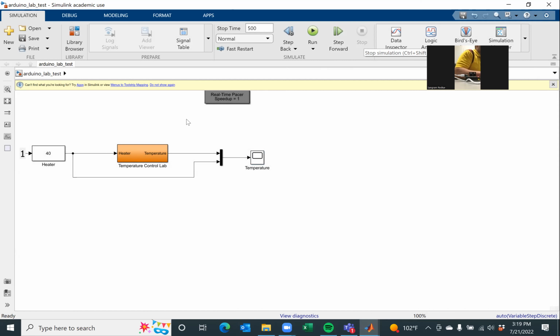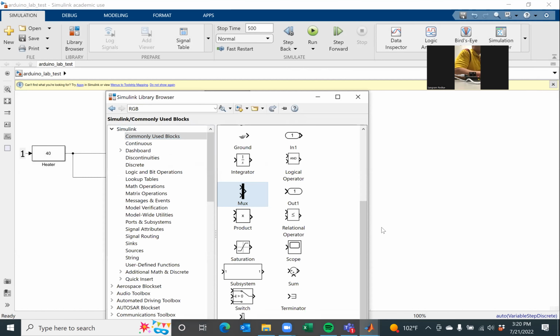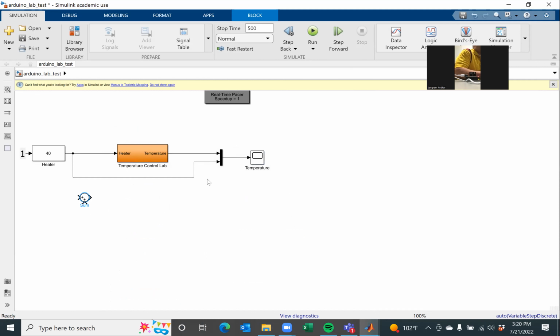Now what I'm going to do is I'm going to add a control. So to add the control, I'm going to go here, get a sum block. And what I'm going to do is I'm going to measure the temperature from the system.